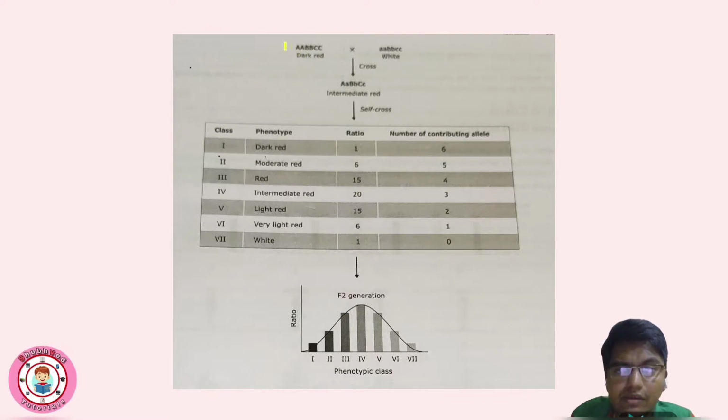So this is a chart through which we will see what quantitative traits are in detail. This is a dark red and this is a white. Intermediates are intermediate red, capital A, small b, meaning this is the phenotype as we saw here.